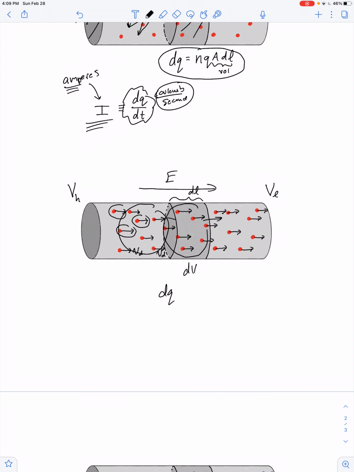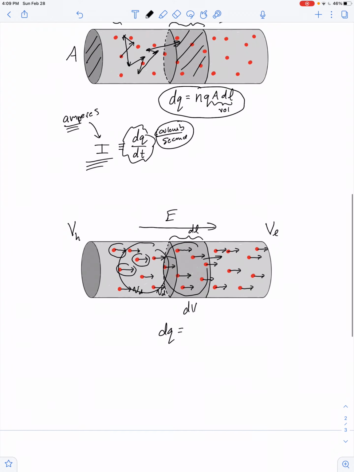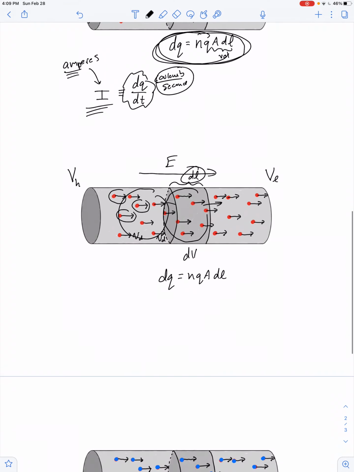And at any instant in time, the amount of charge inside of that region is n times the charge per particle times the cross-sectional area times this fractional length. So the current, because it's equal to dq/dt, must be nqA dl over dt.